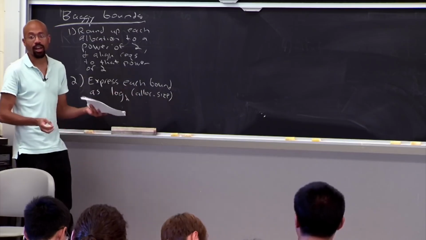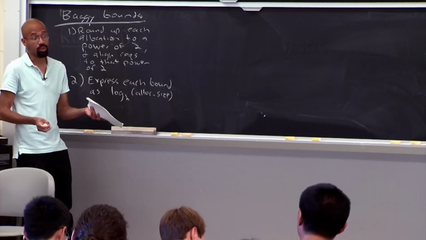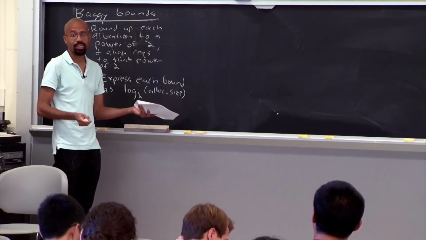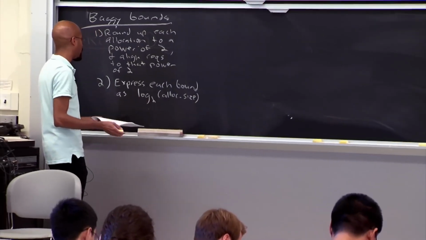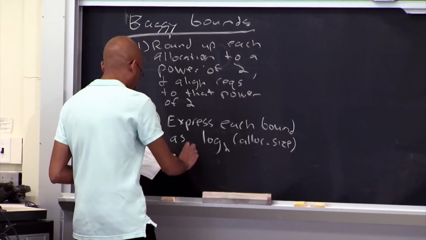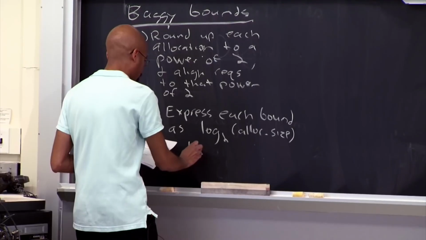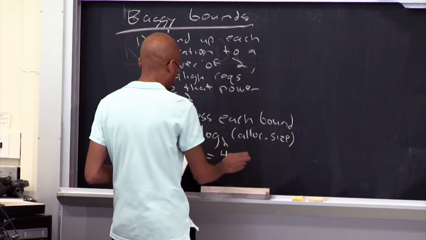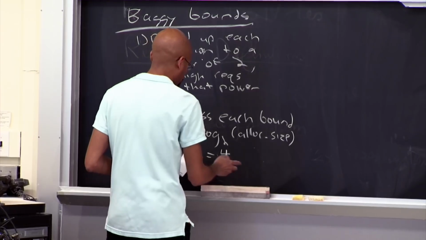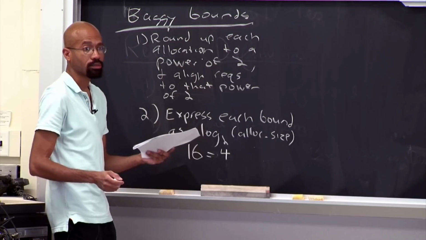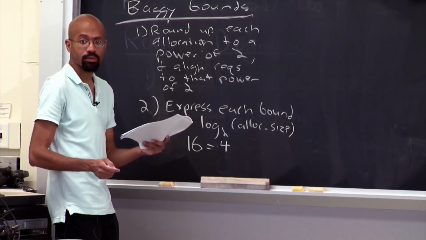Well, once again, all of our allocation sizes are powers of 2. So we don't need very many bits to represent how big a particular allocation is. For example, if your allocation size is 16, then for the logarithm of that you just need 4 bits to represent the allocation size. Does that make sense?